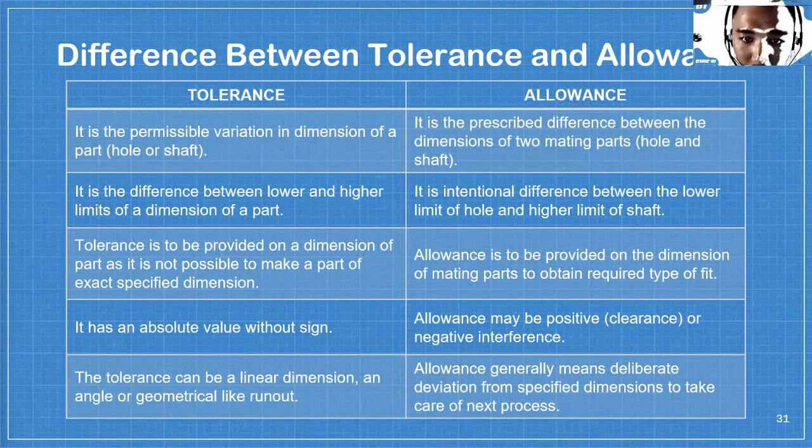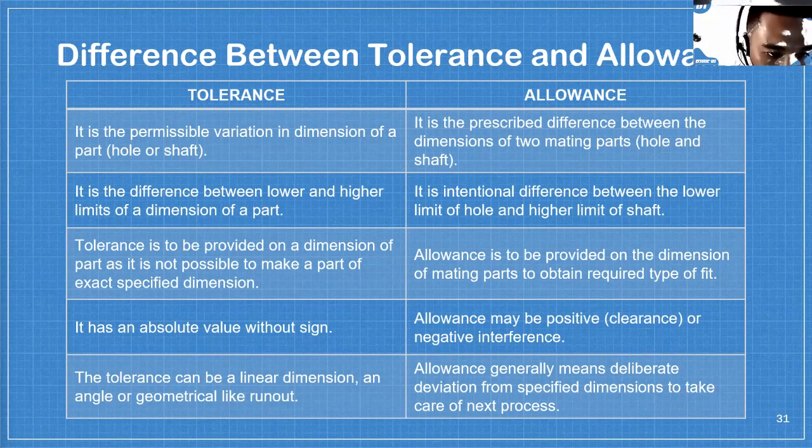And sa allowance, it is the intentional difference between the lower limit of the hole and the higher limit of the shaft. Next, tolerance is to be provided on a dimension of a part as it is not possible to make a part of exact specified dimension. Allowance is to be provided on the dimension of mating parts to obtain the required type of fit.